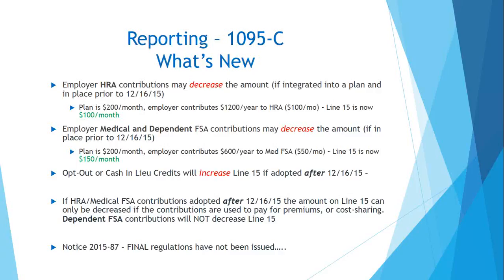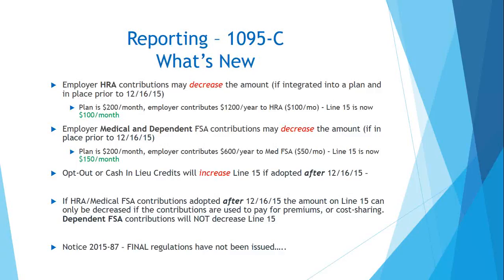If you have a medical and dependent FSA, you can also decrease that amount shown on line 15 by the amount that you contributed based on a monthly basis to those contribution buckets. Again, this is proposed regulations. It's not mandatory that you follow it. If your plan happens to be unaffordable, so it's not affordable to your employees, let's say it's $300 a month, but you offer this $600 a year towards medical or dependent FSA, that rate is now $250 to that employee.